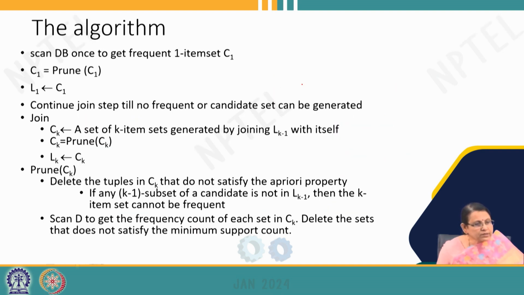We scanned the database once to get the frequent 1 item sets, then we pruned, then we tried joining steps and getting the data from the database by scanning it, then we pruned, and finally we continue till no more frequent item generation is possible.